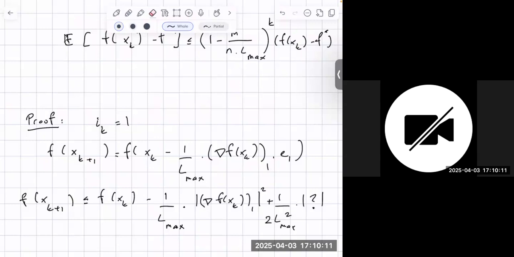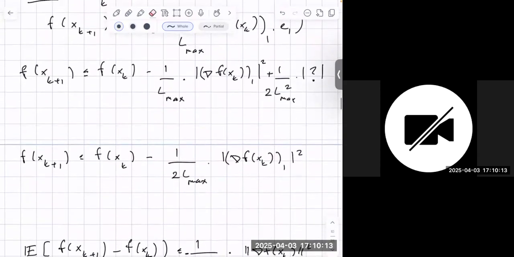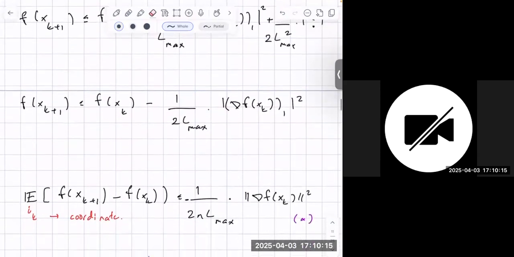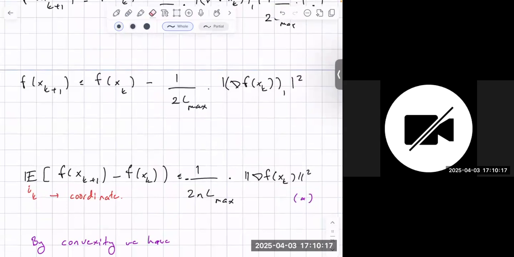So just write down those stuff we wrote in analyzing gradient descent or stochastic gradient descent, and you will get something like this. In other words, f of x_{k+1} minus f of x_k is less than minus this.